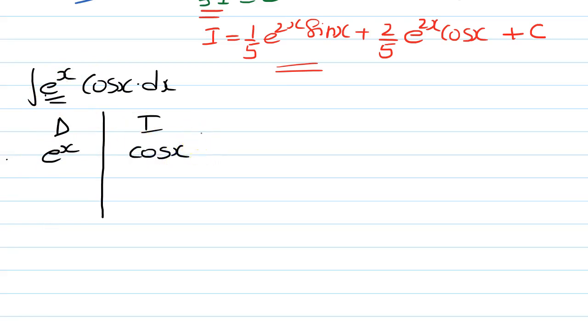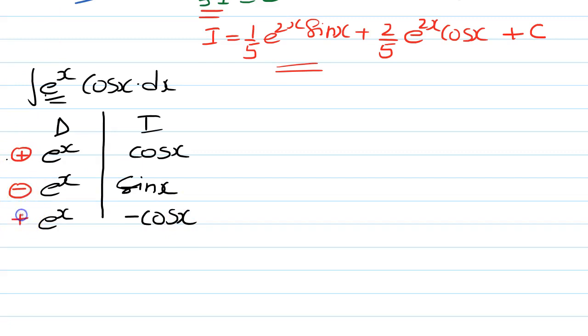Now the derivative of e to the power x will be e to the power x, and cos x integration will be sin x. Then again the derivative will be e to the power x, and sin x integration will be minus cos x. Yeah, so let's put the alternate signs, plus, minus, and plus.